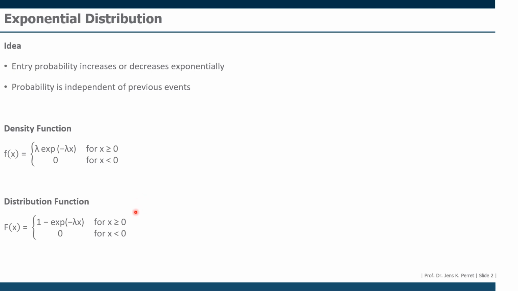Also, one comment: due to the factor lambda, as we're going to see on the next slide, the exponential function in some cases is related to the Poisson function. They actually have some similar properties. They're not perfectly the same, but it's similar.